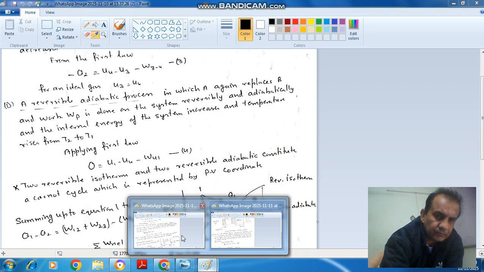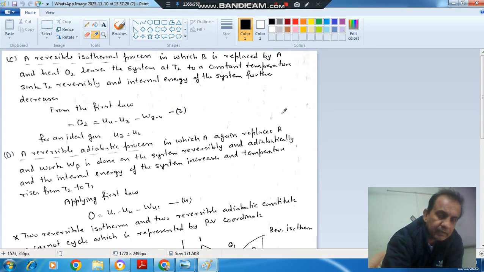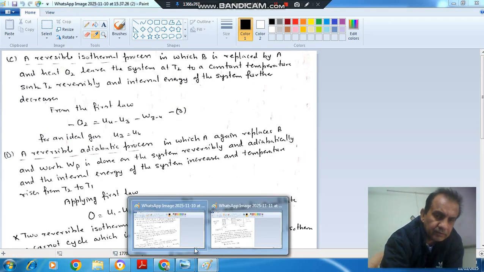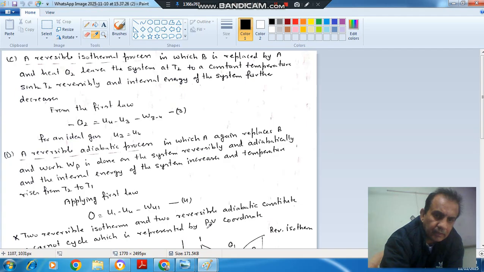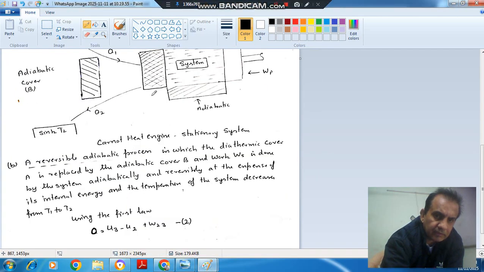Now after adiabatic expansion, again there is an isothermal process in which heat is rejected, and this is carried out by placing the diathermic cover again. Now heat rejected is Q2, and a constant temperature is maintained if there is an ideal gas within the system.